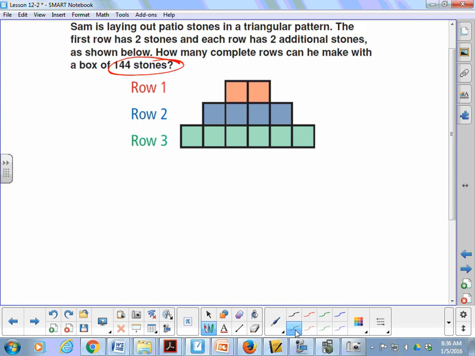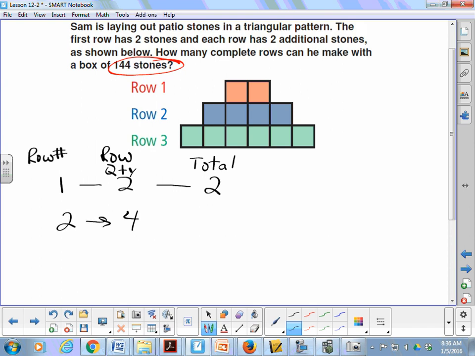So we have row 1, we have 2 stones, which gives me a total of 2. So I have the row number, row quantity, QTY, and the total. Right, so I'm going to keep track of 3 numbers. So row 2, there are now 4 stones, which gives me a total of 6.